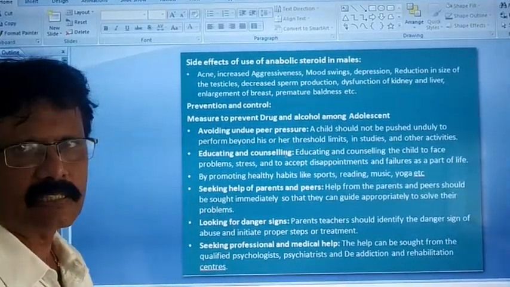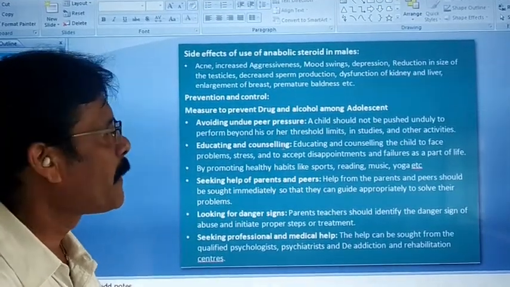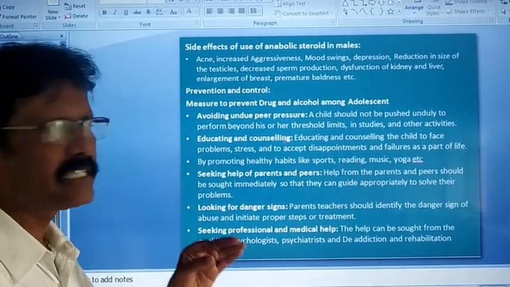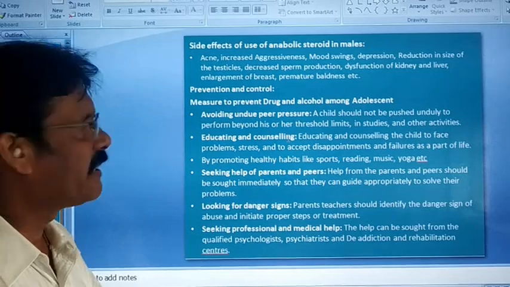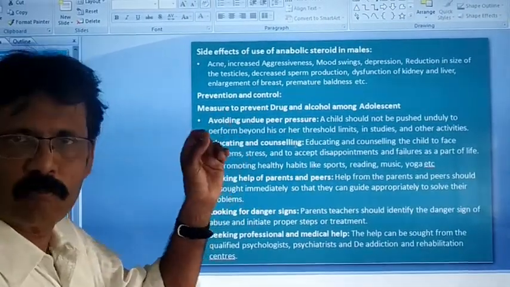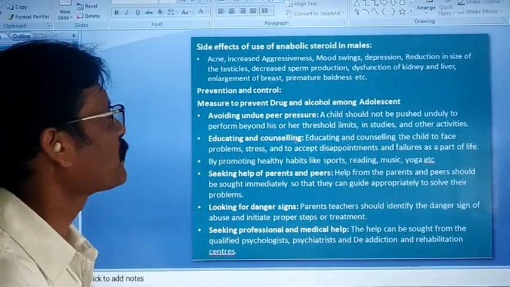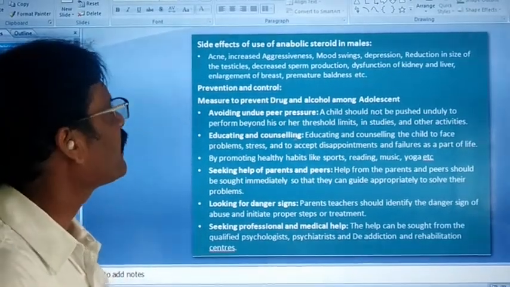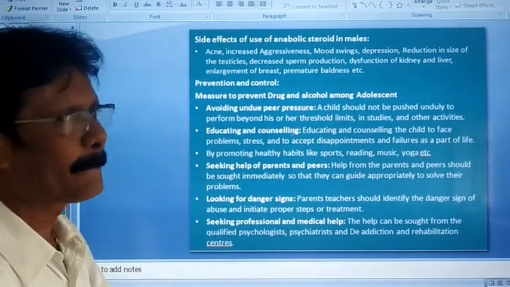Increased aggressiveness, mood swings, depression, reduction in the size of the testicles, decreased sperm production, dysfunction of kidney and liver. Enlargement of breasts in males. Premature baldness. So these are the side effects of anabolic steroids in males.